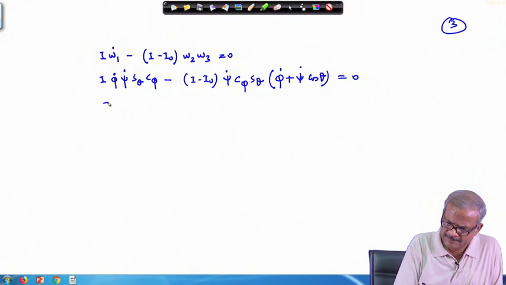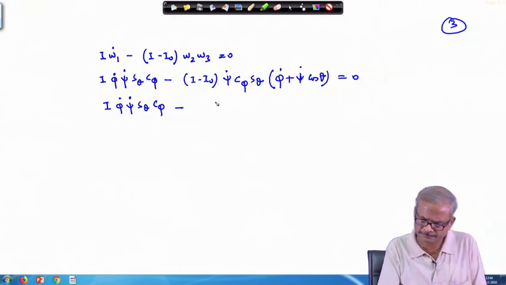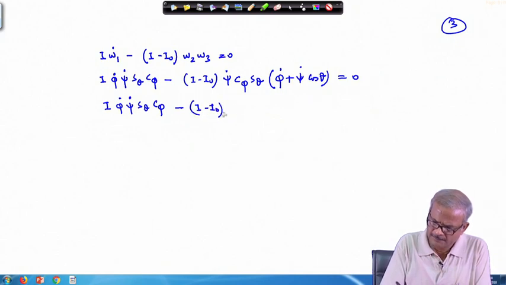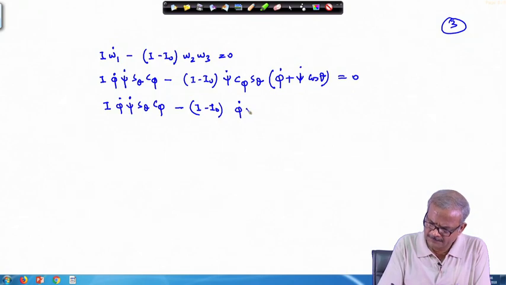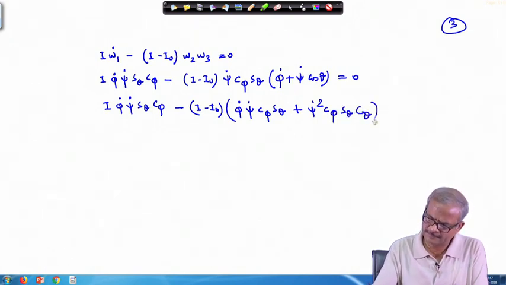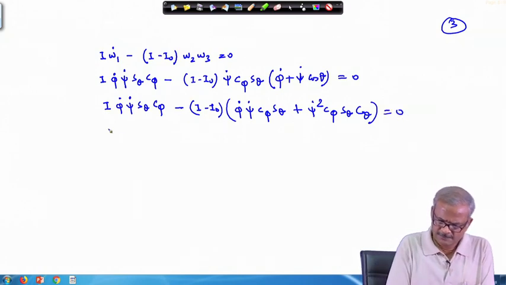Okay. Expand it: phi dot psi dot S theta C phi minus I minus I 0. If we multiply this, the first term becomes phi dot psi dot C phi S theta, and plus psi dot square C phi S theta, and this cos theta we will write as C theta, this equal to 0.